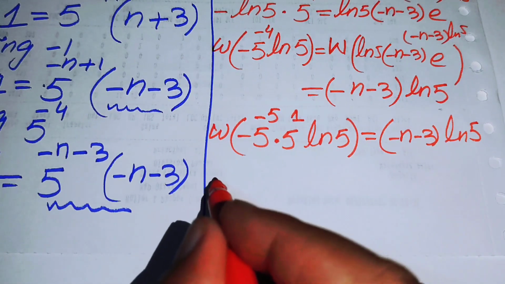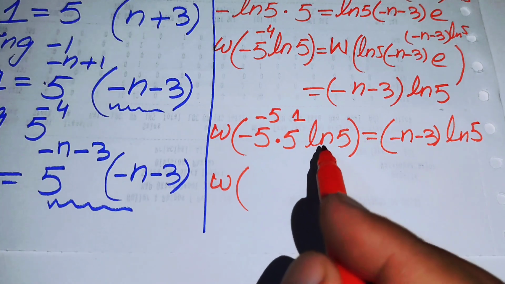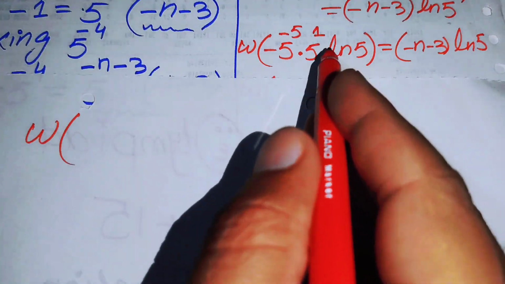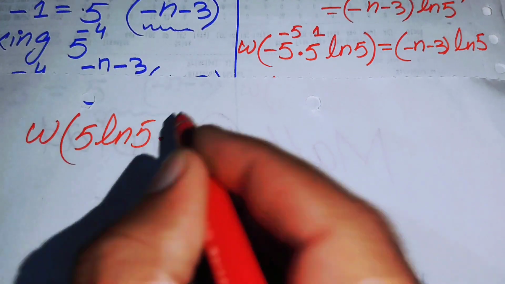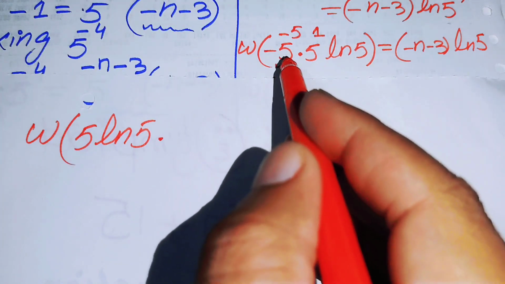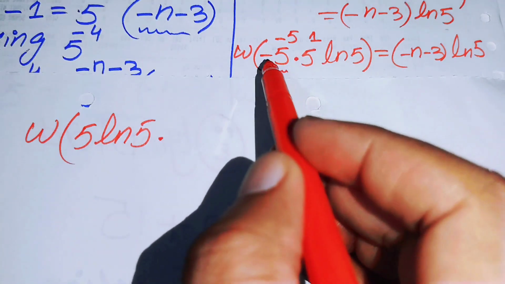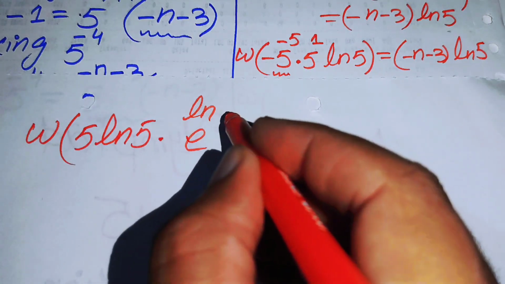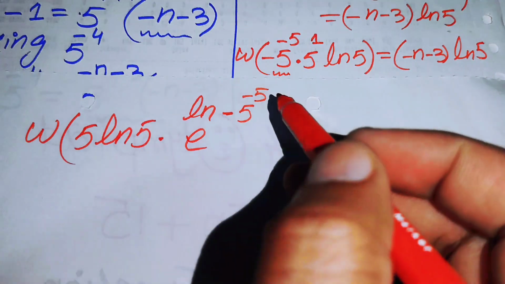In the next step we can simplify this log 5. We can rewrite this equation as 5 times log 5 into this expression, minus 5 to the power of 5, as e to the power of log of minus 5, and its whole power minus 5.